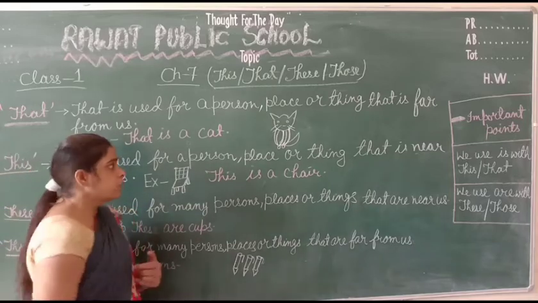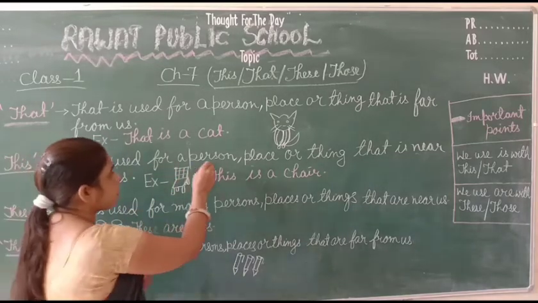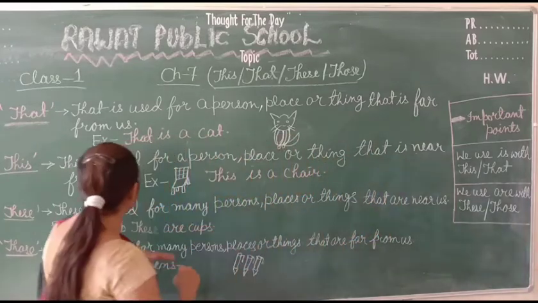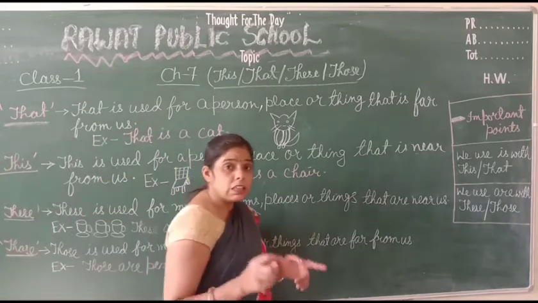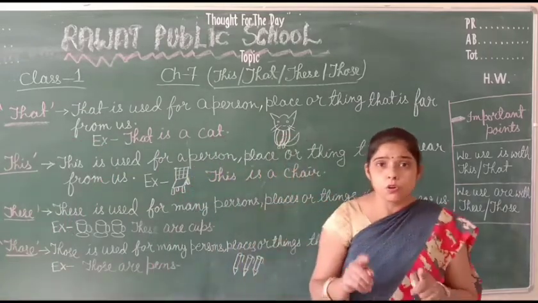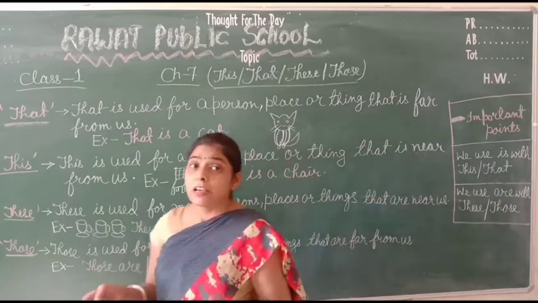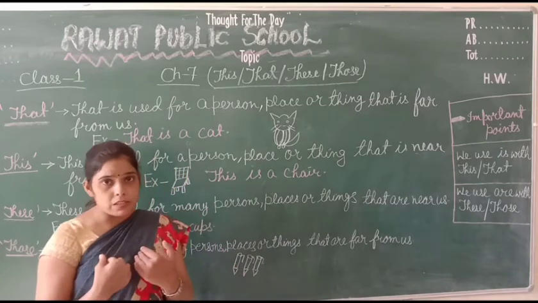Now, this is used for a person, place or thing that is near to us. So where do we use this? This is used for those person, place, animal or thing which is near to us. Near it means जो मेरे पास है.